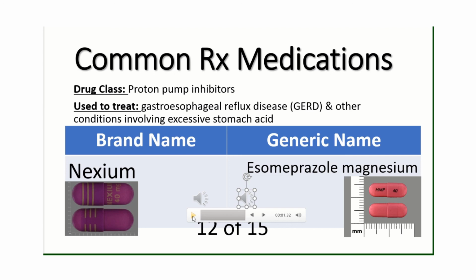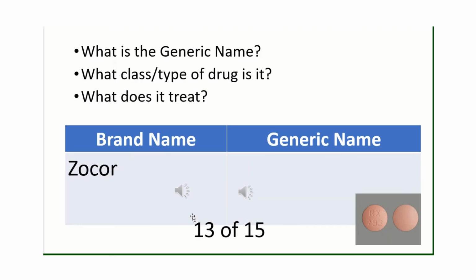Nexium and esomeprazole magnesium are used to treat GERD, gastroesophageal reflux disease, and other conditions involving excessive stomach acid. That's Nexium and esomeprazole.